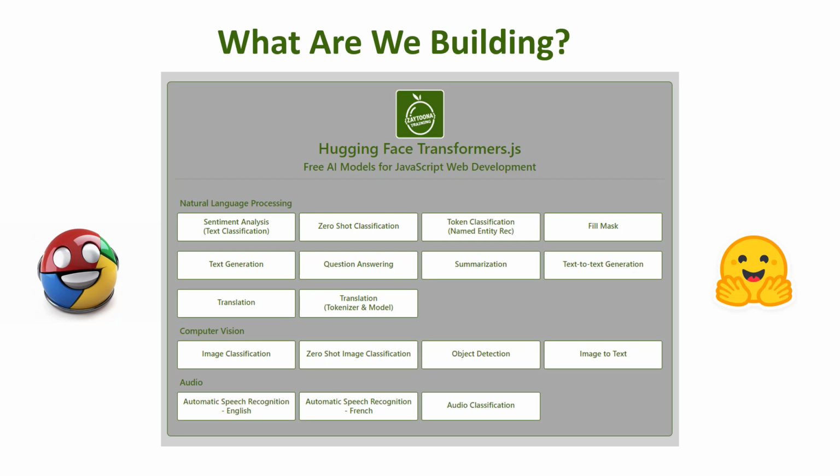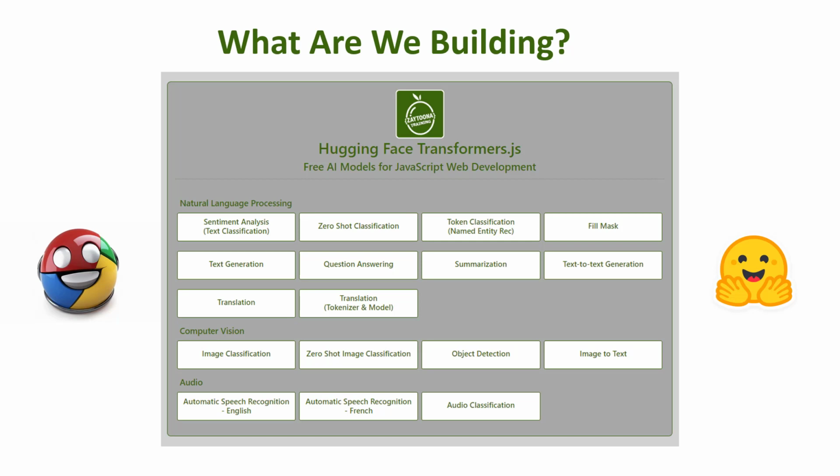Fill mask anticipates and fills in missing words in a sentence, completing the blank in statements like I love to eat blank. Text generation crafts new text based on given information, generating new stories, messages, or responses. Question answering extracts specific answers from a provided context based on a posed question, like identifying the capital city from a text about a country when asked.